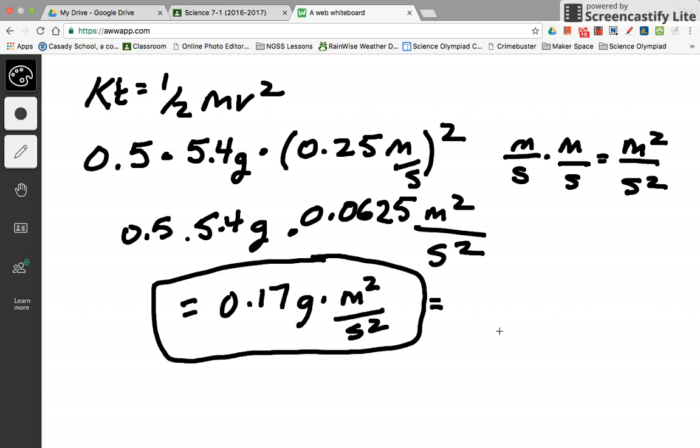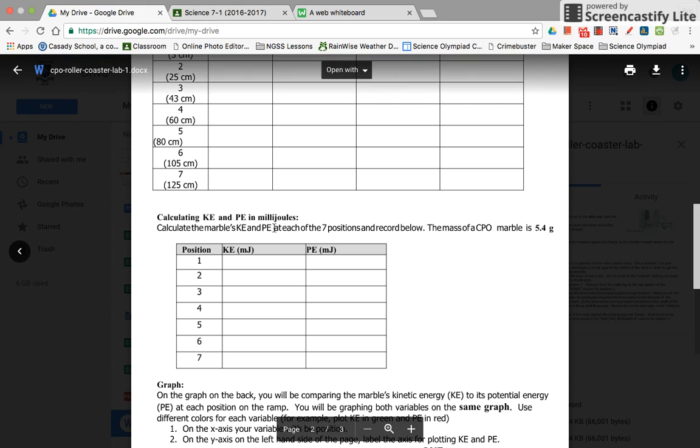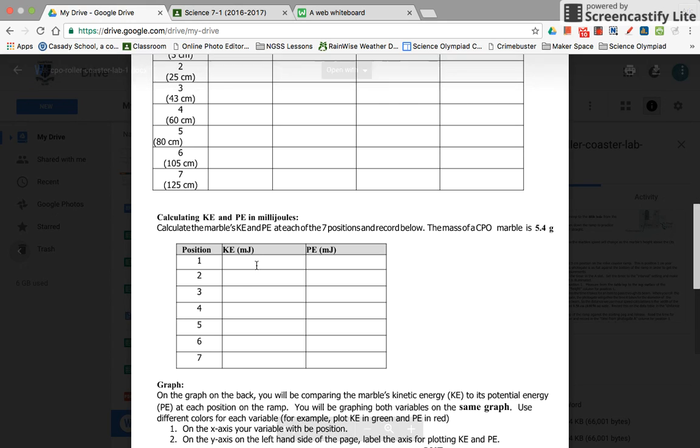That's going to give me my answer in millijoules. So essentially I have 0.17 millijoules. That's not very much energy. And that's what's going to be recorded in my table right here where it says kinetic energy in millijoules.